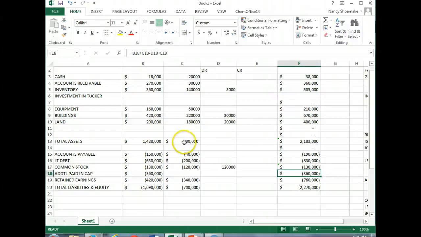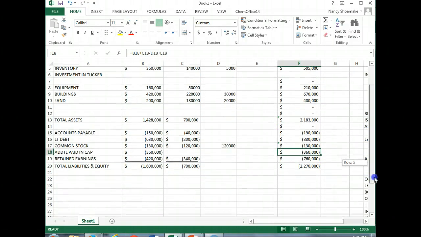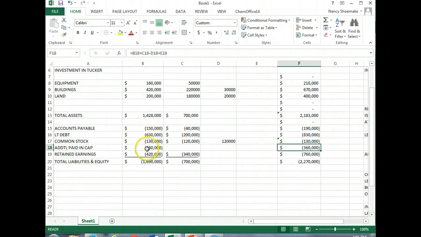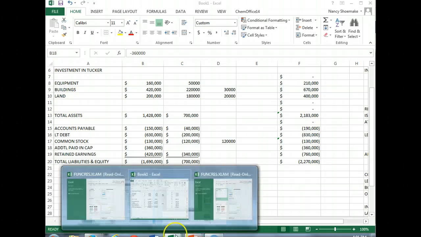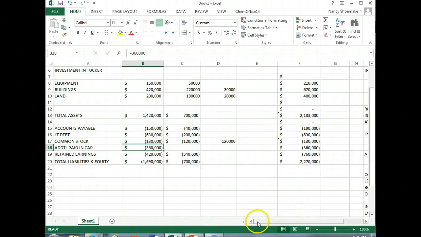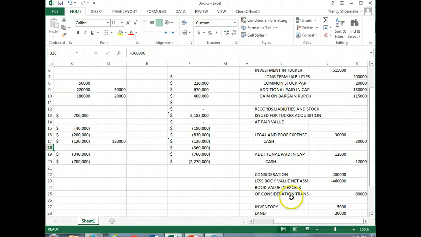And we need to also take into account, what did we add to our additional paid in capital to acquire the company? If we look over here, the additional paid in capital to acquire the company was 180.